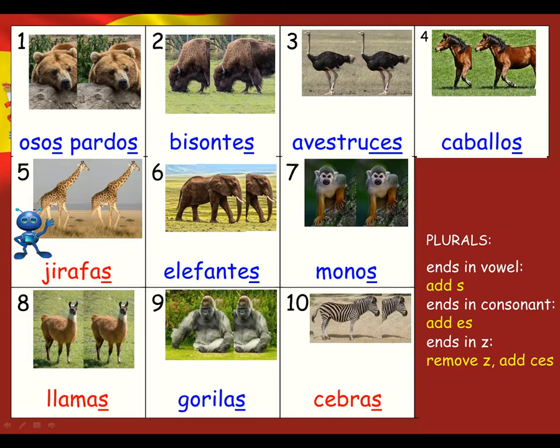Elefantes. Monos. Llamas. Gorilas. Cebras. So that's what all of the animal words look like when there is more than one of the animal.